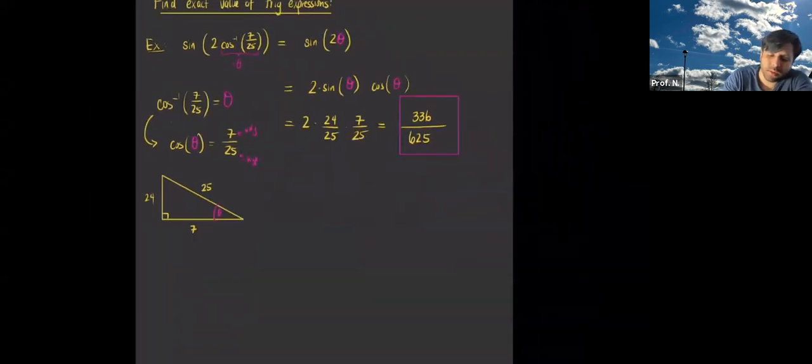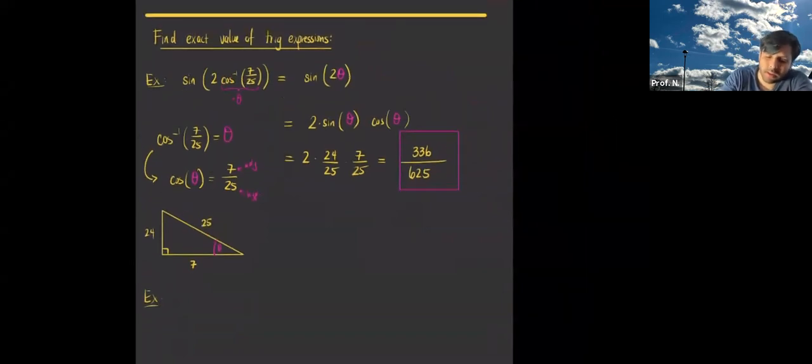Okay, let's do a few more of these with inverse trig. So this is find exact trig expressions. And this is particularly with inverse trig. What if I get this now?